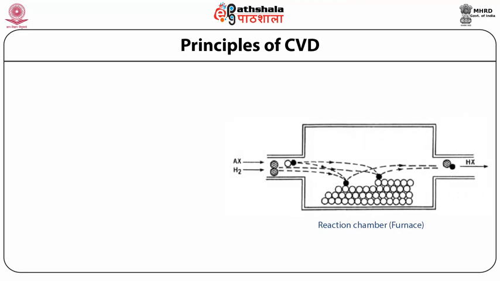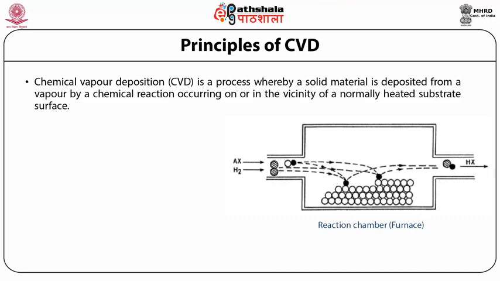So let us now discuss the principle of CVD. Chemical vapor deposition, CVD, is a process whereby a solid material is deposited from a vapor by a chemical reaction occurring on or in the vicinity of a normally heated substrate surface.